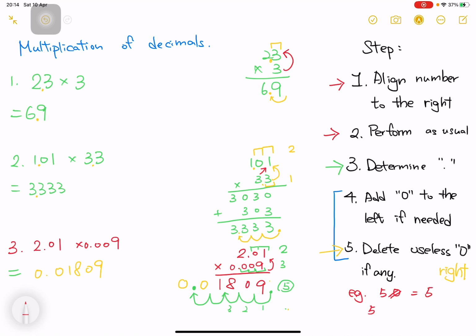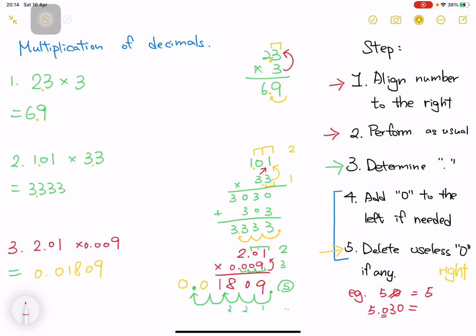Like if there's a 5.030, you see that you have a 0 after the decimal point. But if there is a number after that 0, then you have to keep this 0.